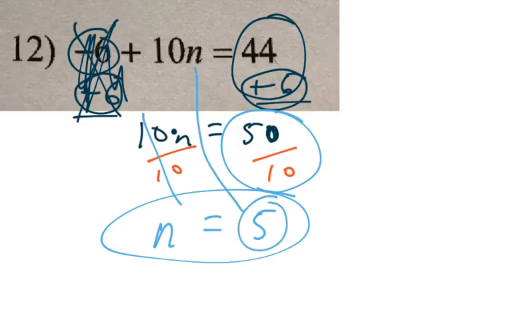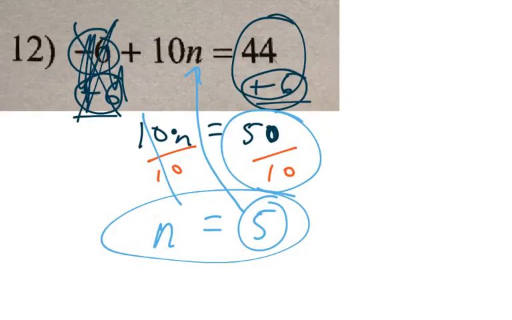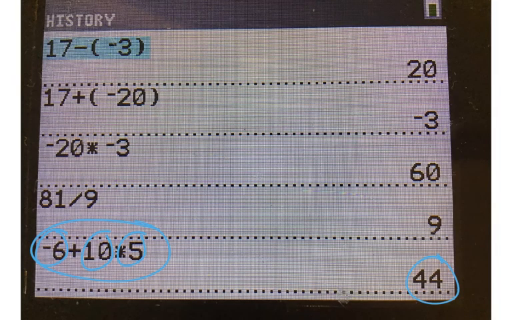So if I plug 5 back in there, isn't negative 6 plus 10 times 5, 44, just like we got there. But again, guys, you ought to be good with your calculator. You ought to be double checking your answers and making sure you're not missing a problem because you added or subtracted wrong, or you multiplied or divided wrong. Use the calculator to do your work and to check your work.